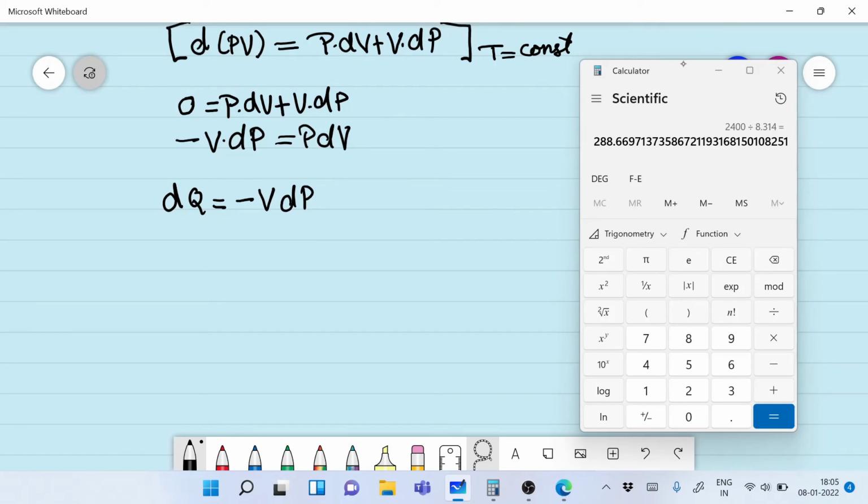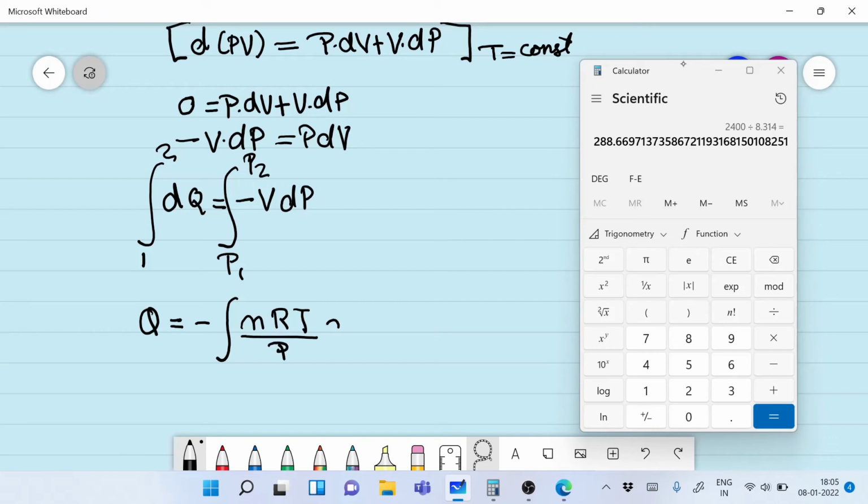I did this because we know the initial and final pressures. Let's integrate this from state 1 to 2, P1 to P2. So on the LHS we get the heat, and on the RHS we can further do some mathematical operations, that is, write V as nRT over P, dP, P1 to P2.